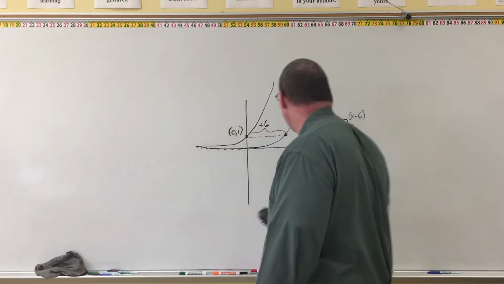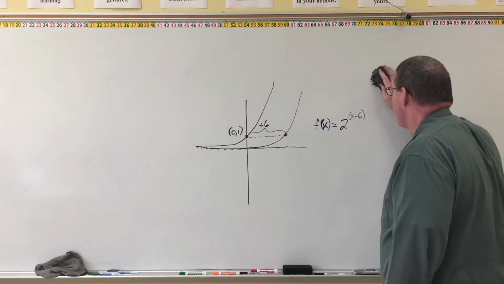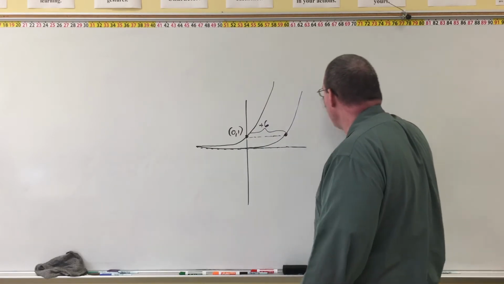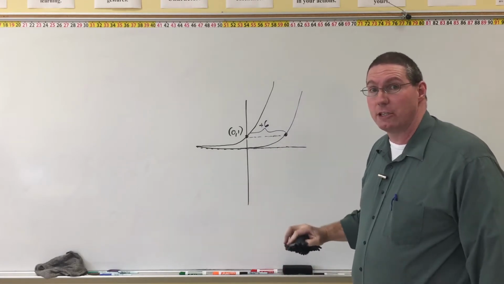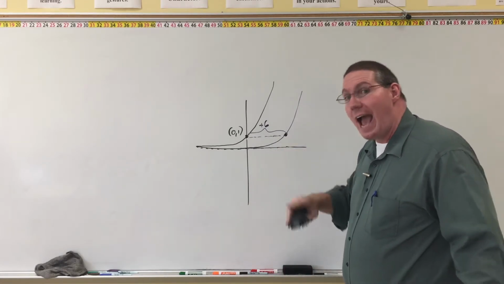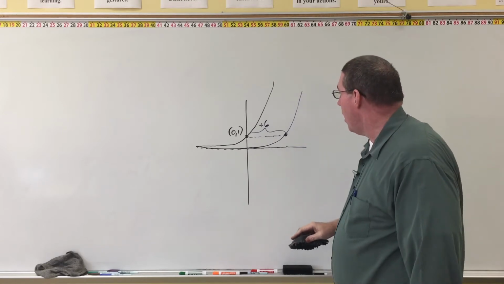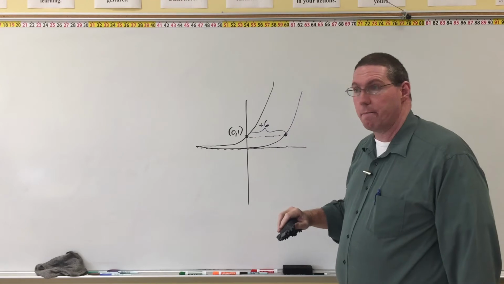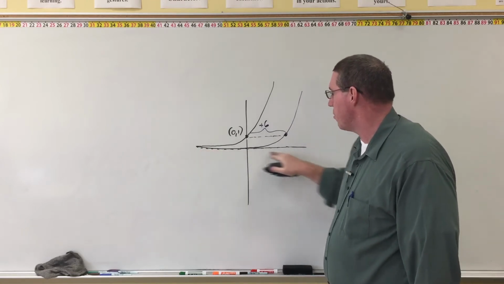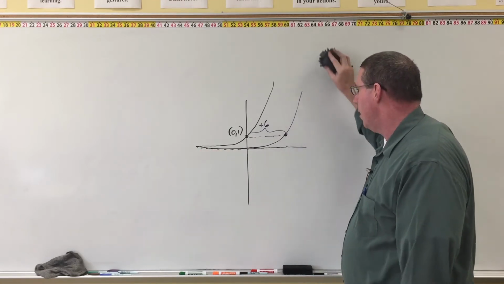Well, for a horizontal translation of a logarithmic function, because a logarithm is the inverse of an exponential function, what's going to happen is that the point is not going to be as important, and what is going to be important is the asymptote.